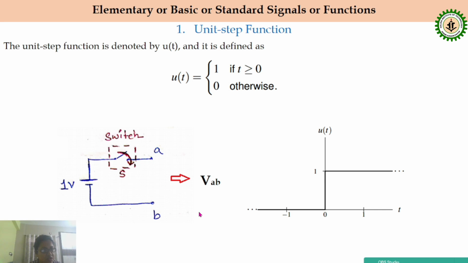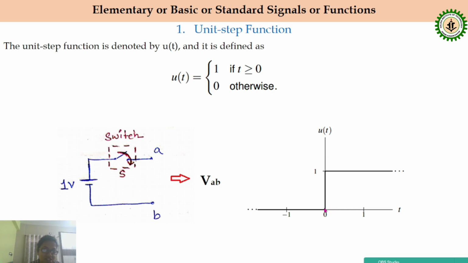Now this u(t) we can generate in the lab also. For that you need a simple 1 volt battery or DC source, and a switch. The switch must be very fast, the on-off changing must be very fast, then only you can generate this type of step signal.